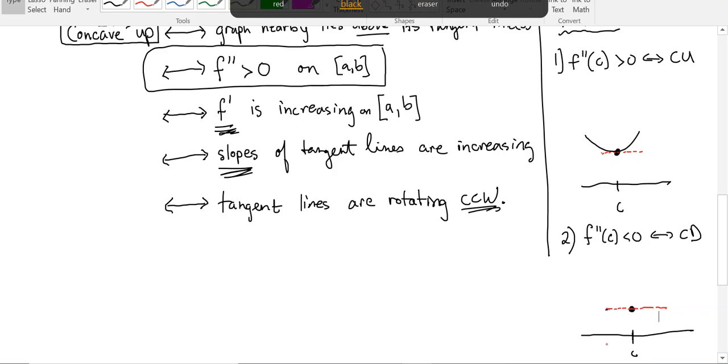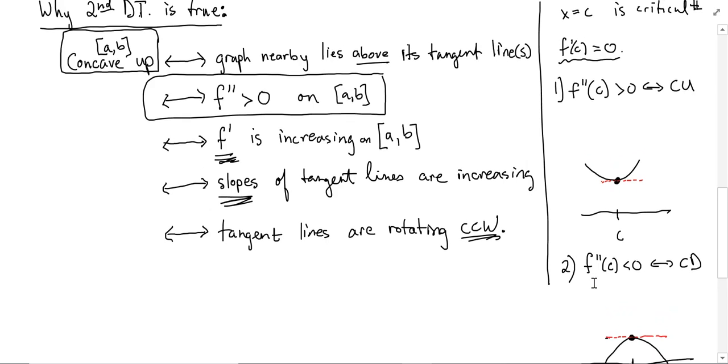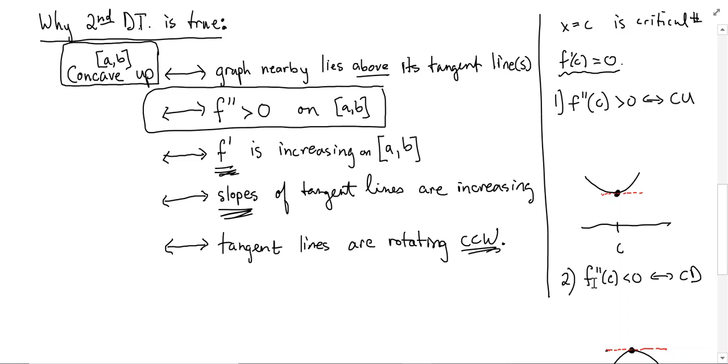But the graph is concave down, which says the picture is something like this. So we have a local maximum in that case. The second derivative test is best understood by interpreting the second derivative in terms of concavity, concave up or concave down.